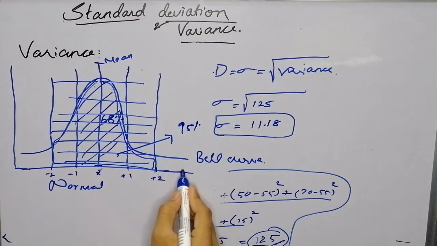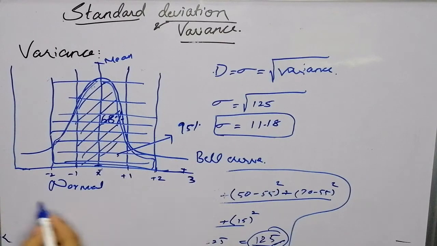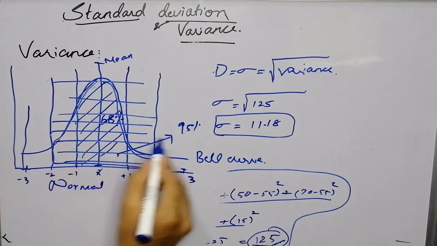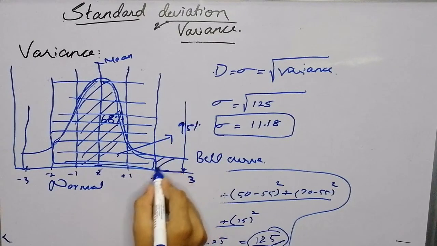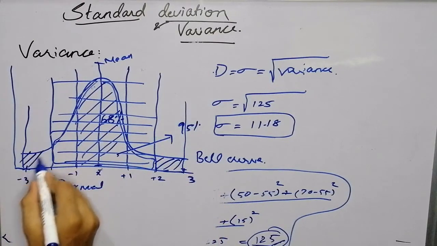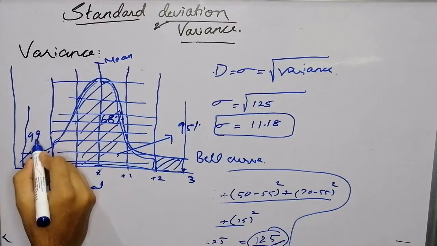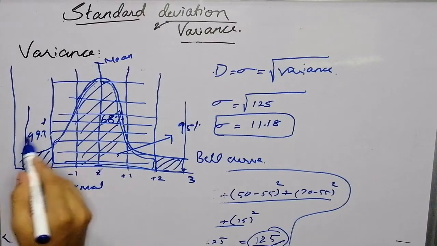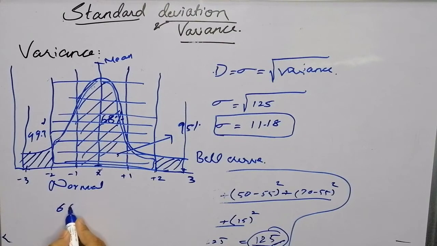If we go further, plus 3 standard deviations and minus 3 standard deviations, in this whole curve we have 99.7% of the data. So this is what is called the 68, 95, 99.7 rule.